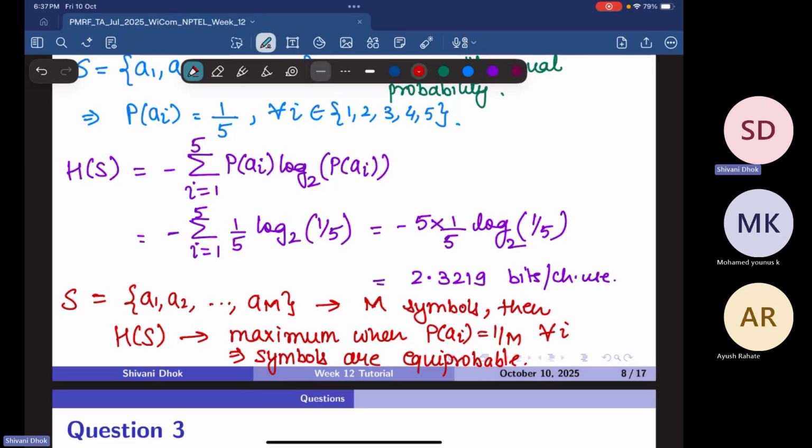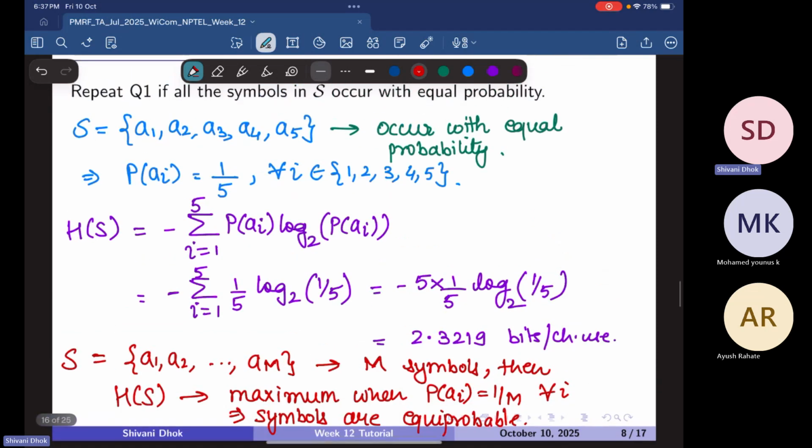You can understand this in this way: entropy measures the degree of uncertainty. If all the symbols are equiprobable, there is a higher degree of uncertainty, so the entropy should be higher. There are good proofs for this in an information theory course. I am not going to get into details of that. Okay, is this clear? Any questions?